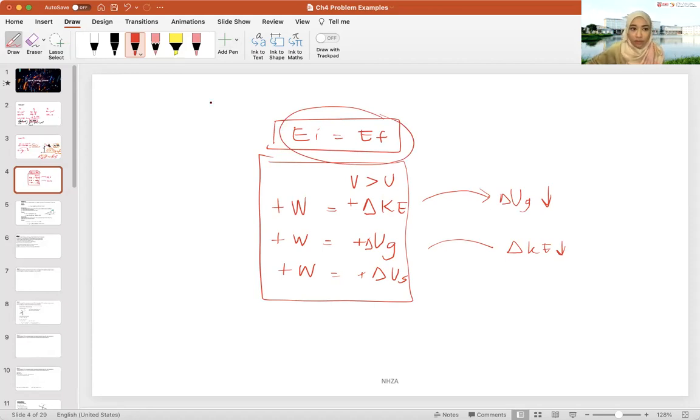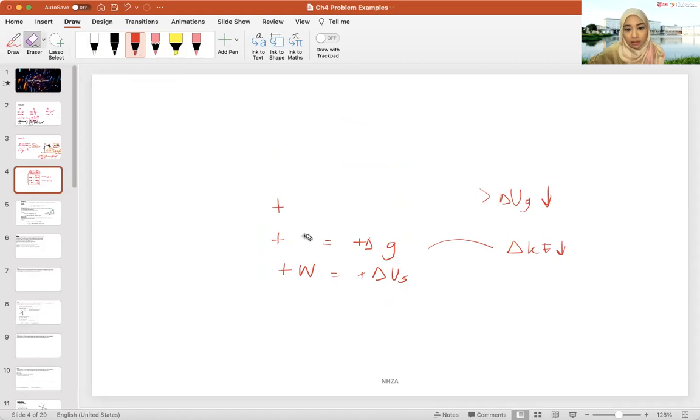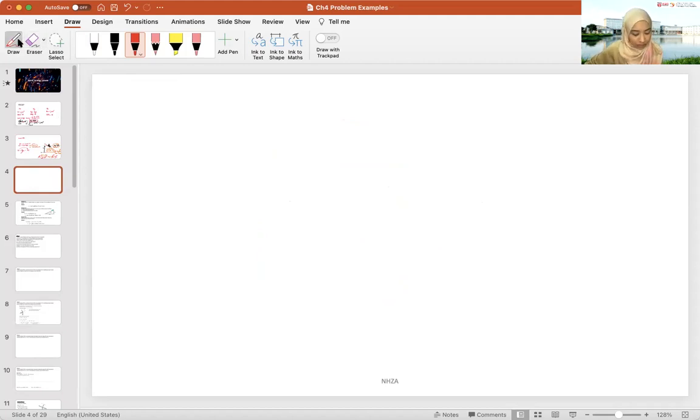Okay, so I want to talk about the spring potential energy. Because that one is a bit difficult for me. I don't know if you find it difficult or not. But that's okay, we will learn until we understand. Everything is difficult, right? Okay, so spring potential energy, we have this equation, Fs equals minus Kx, right? It is minus Kx.